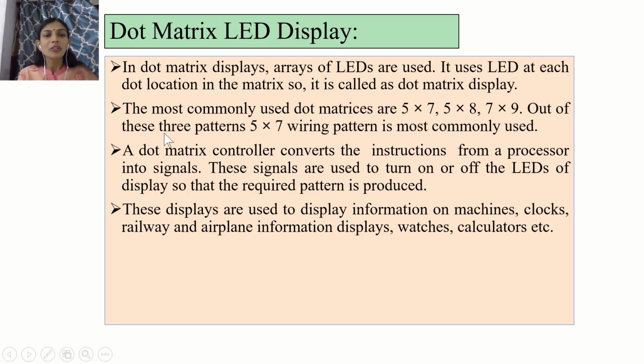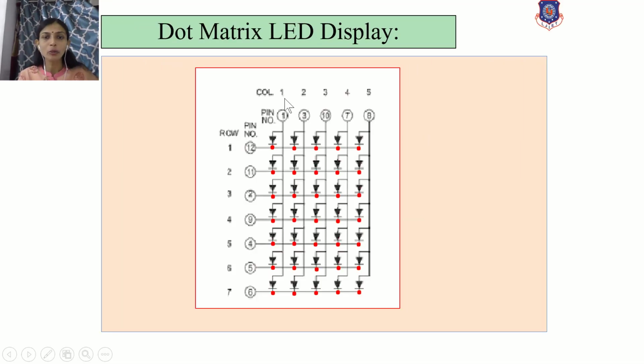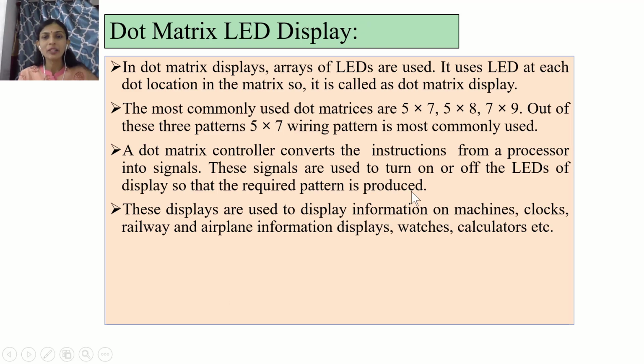Out of these three, 5 cross 7 is the most widely used. So I have also shown you this 5 cross 7, 5 columns and 7 rows of LEDs. This type of pattern is used for LED display, to connect the LEDs in different manners and patterns.